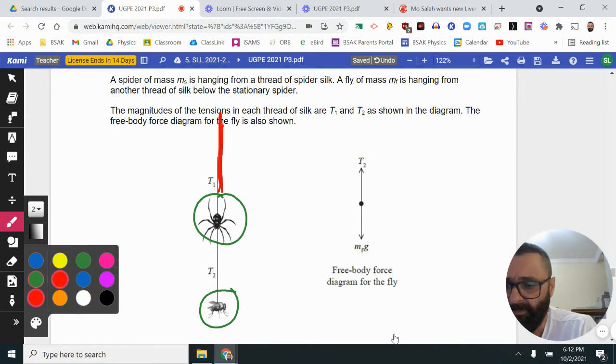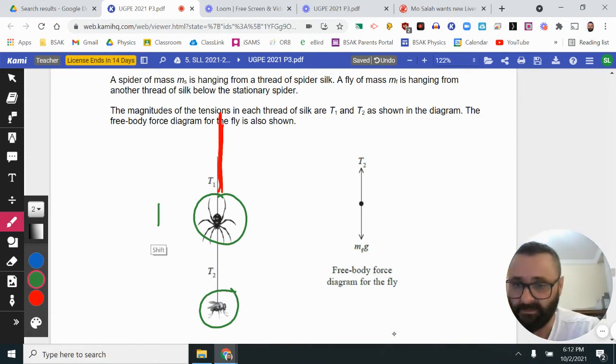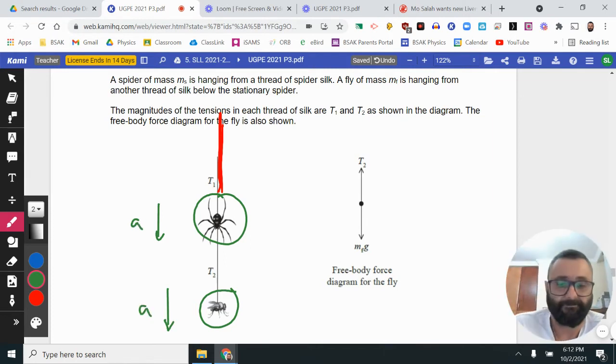But the important one here is that both the spider and the fly accelerate at the same rate, because there's no extension in the silk that joins the spider and the fly.